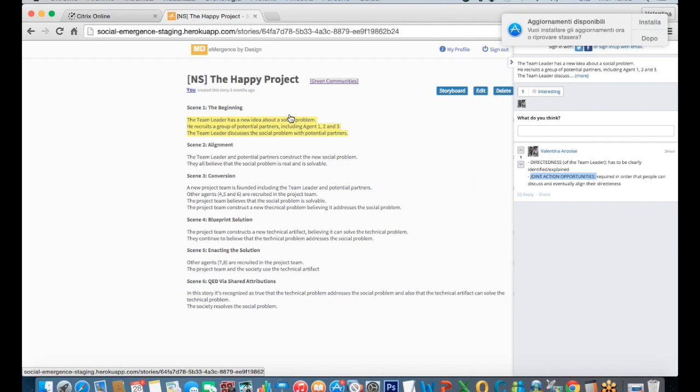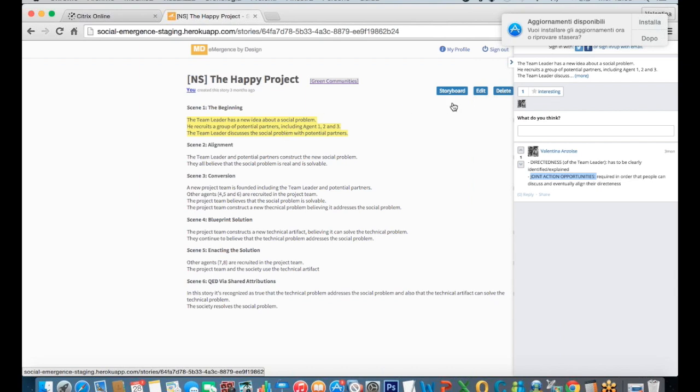reality, so if people are really enacting this narrative structure. So if in the real life, in the real deployment of the project, they are really behaving in such a way.